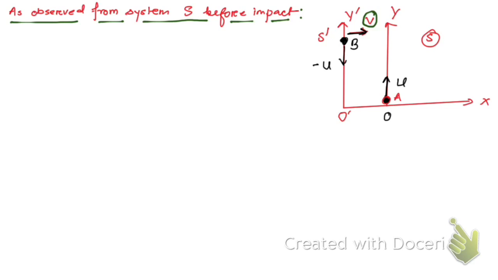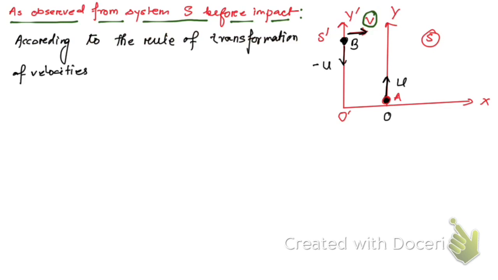According to the rule of transformation of velocities, the components of the velocities will be given by: the velocity of A along the x-axis will be 0, because this frame is at rest as we have considered.